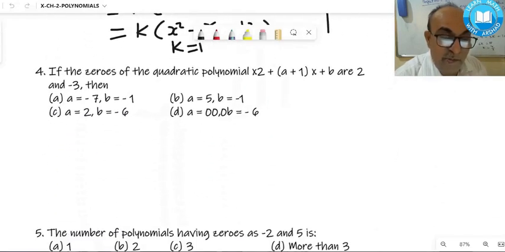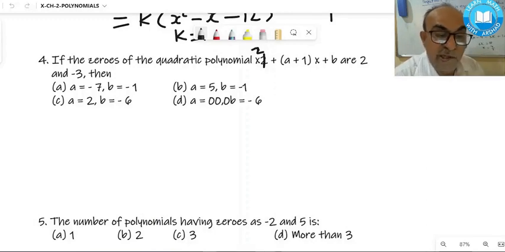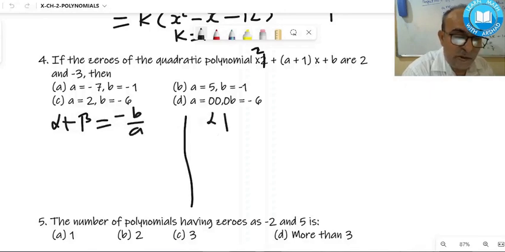Now next question bachcho. Here the zeros of a quadratic polynomial, x square minus a plus 1 into x plus b, are 2 and minus 3. You have to find the values of a and b. Both zeros are given, so with the help of the relation between the zeros and the coefficients we can get these values a and b. So we know the relation alpha plus beta is minus b by a and alpha into beta is c by a.